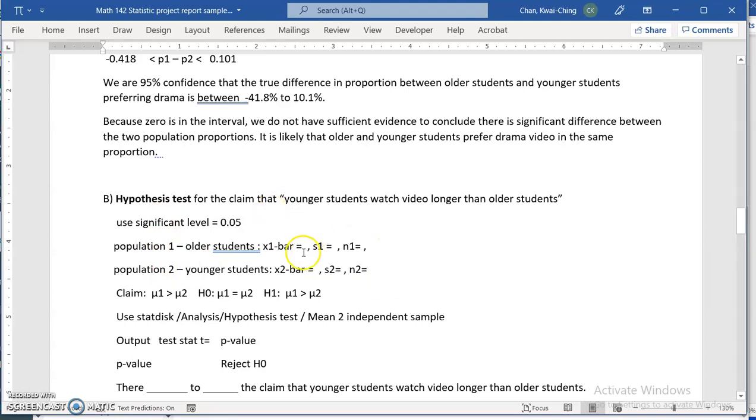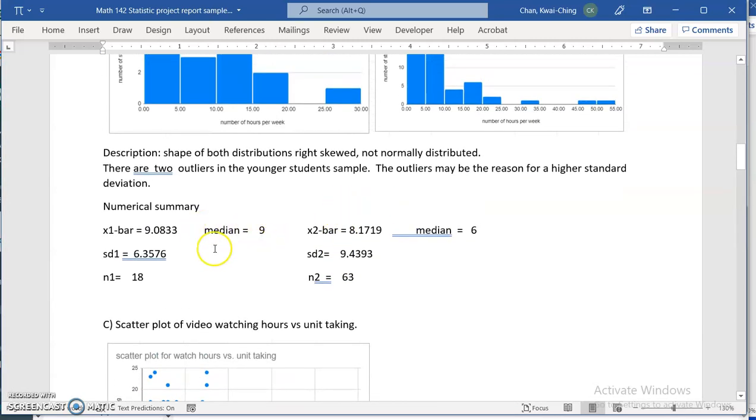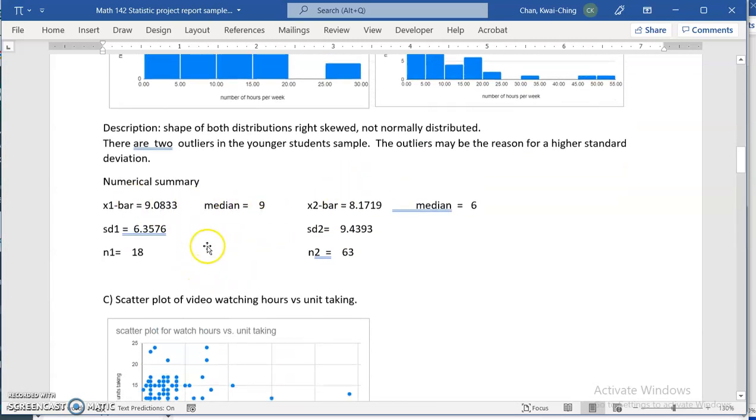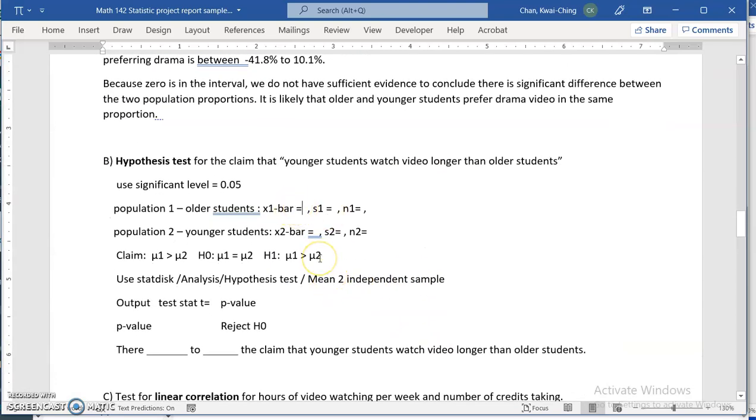And then I have to put down the summary that I have here. So just copy them over. X1 bar is 9.0833.